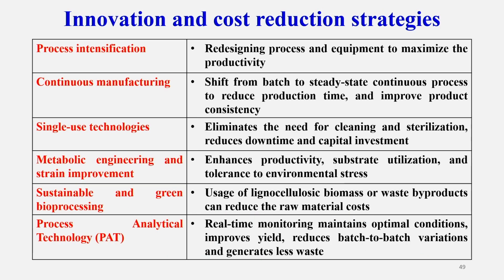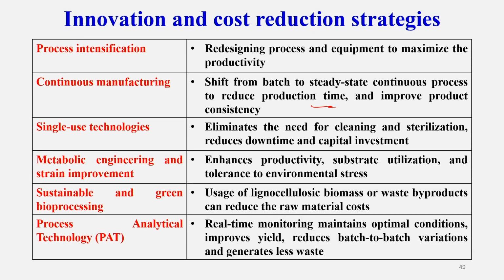Further, once there are challenges, there are a lot of opportunities for innovation. So one can go for redesigning the process and equipment to maximize the productivity, process intensification. Then if you are working with the batch, one can try shifting towards the continuous process to reduce the production time and improve the product consistency, and use single-use technology.